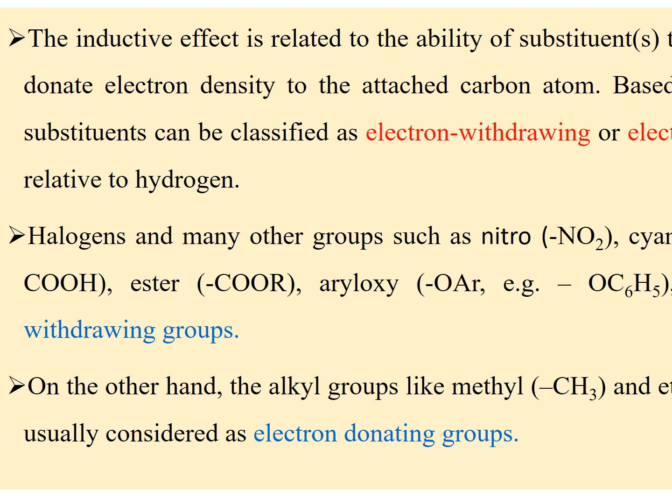Based on this ability, substituents can be classified as electron withdrawing groups or electron donating groups relative to hydrogen. Examples of electron withdrawing groups are halogens or many other groups such as nitro, cyano, carboxyl, ester, aryloxy, etc., whereas alkyl groups like methyl and ethyl are usually considered as electron donating.